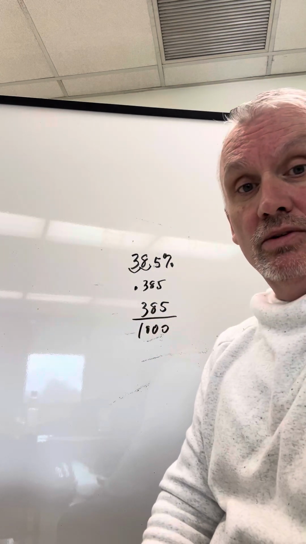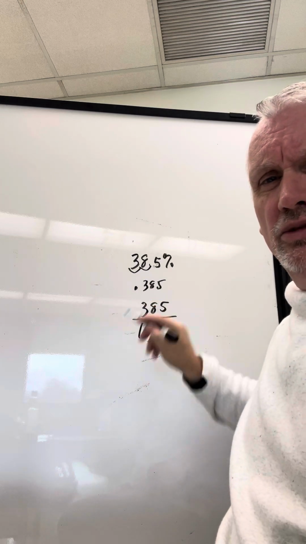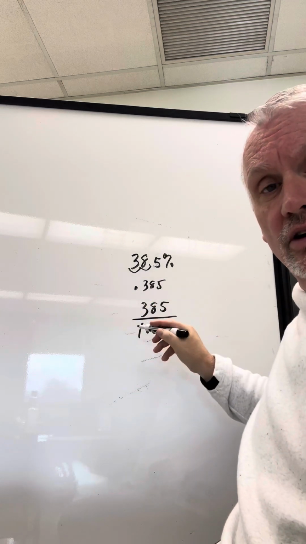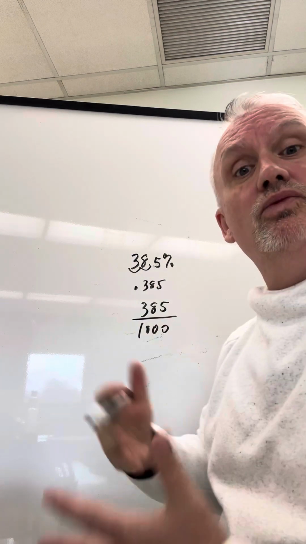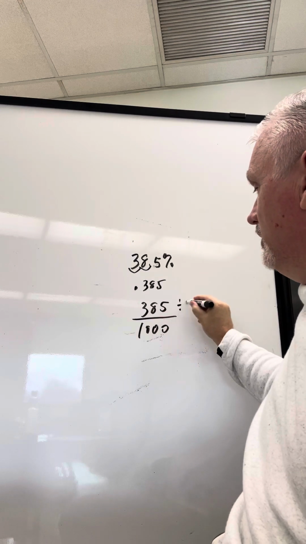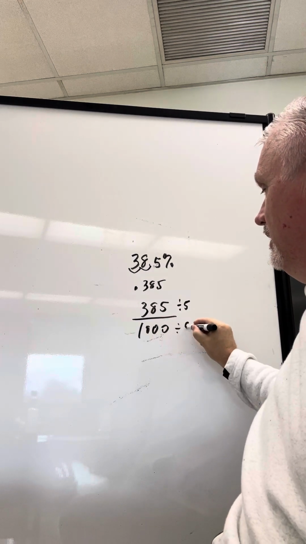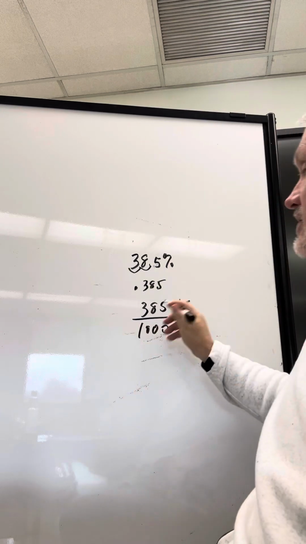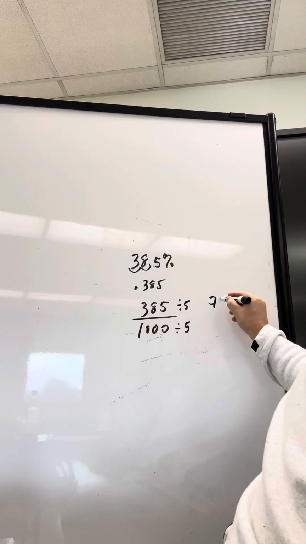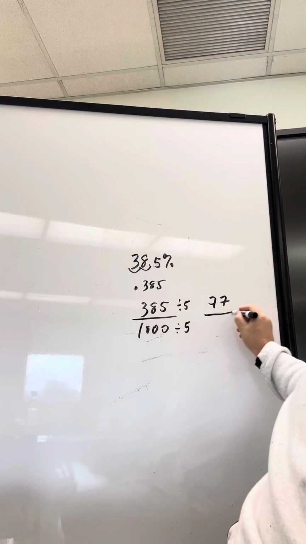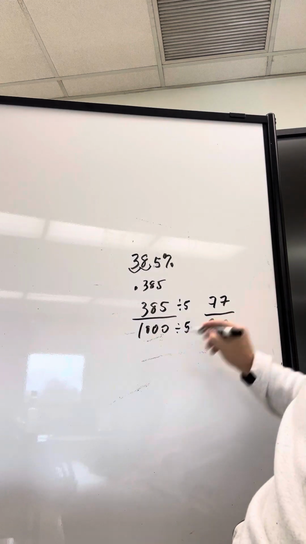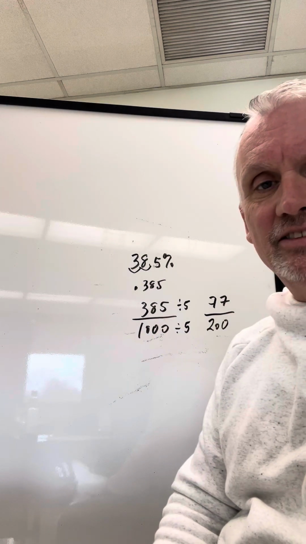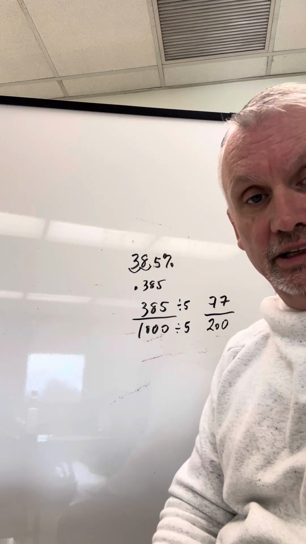Okay, now, what number goes into each one of those? Well, if it ends in a 5 or a 0, 5 goes into it. That's a rule, 5 goes into it. So divide each one of these by 5. So the top, if I divide 385 by 5, I get 77, and on the bottom I get 200. And that's my simplest form fraction, okay?